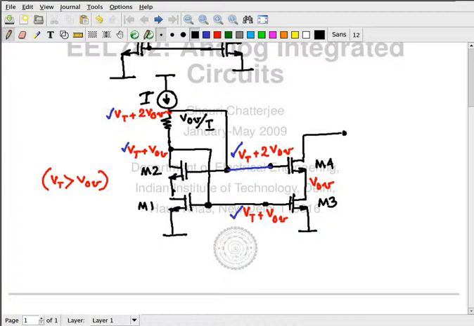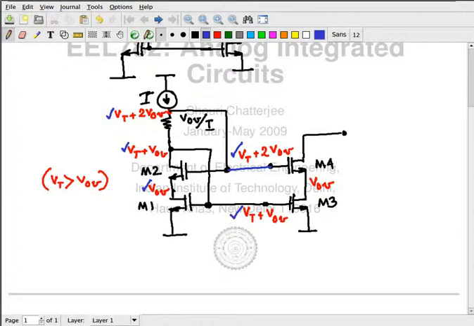now let's look at the drain, gate and source of M1. The drain, gate and source of M1 are at what voltage? What's the drain of M1? VOB. So the drain of M1 is at VOB, gate is at VT plus VOB, source is at ground.